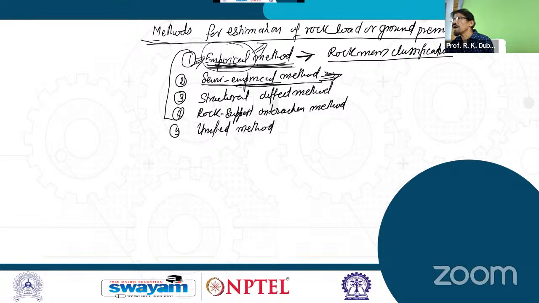So anyhow, Terzaghi categorized the total rock strata encountered in the Alps into 9 categories based on his tunnel work experience. Later on, that concept was utilized for the estimation of rock load in terms of rock load pressure factor.